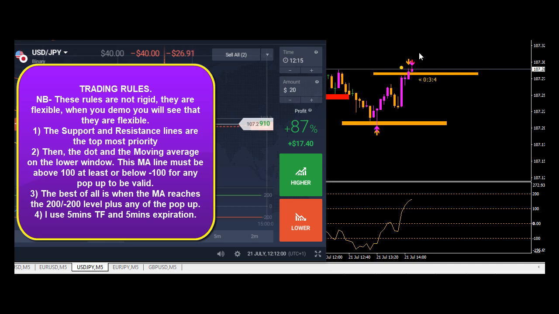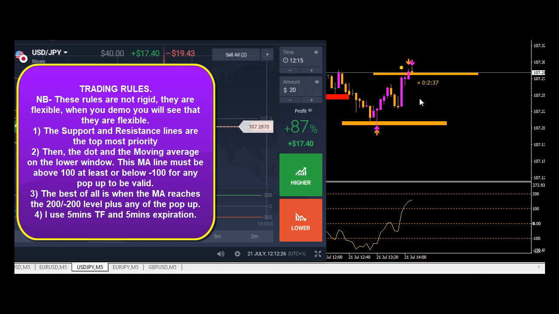As you can see now, there was a double arrow on this yellow arrow. It happens before the end of this candle where the yellow arrow is. So you should have known that in the next candle you are to trade.